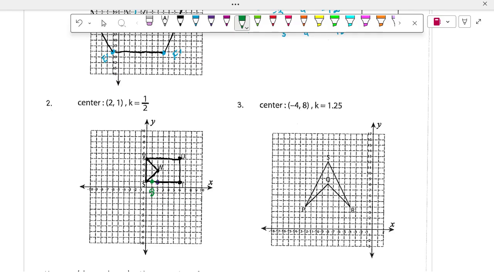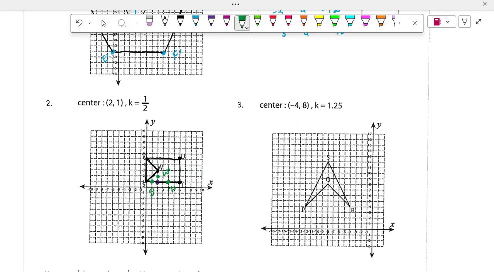So if I go up how many? 2. So if I half that, what is it actually? Up 1. So that'll be W prime. What about for T? How far away is T from the center? 4. So if I half it, it'd be 2. So that's T prime.